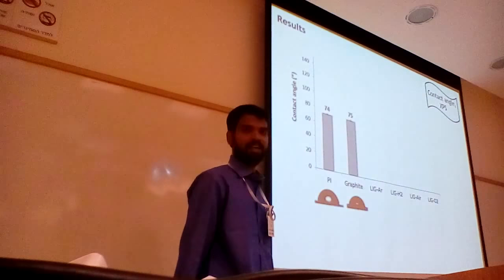As you see in this picture, the water droplet just stays above the surface, displaying a contact angle of more than 90 degrees. Now, LIG fabricated in air is fairly hydrophobic, and LIG fabricated in an atmosphere containing oxygen is hydrophilic. As you see in the picture, the water droplet almost interacts with the surface.